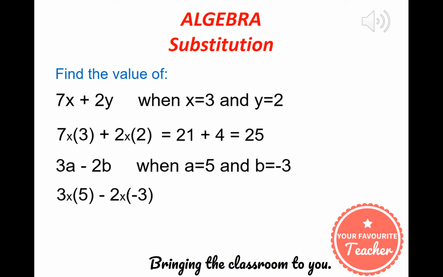Now be careful because we have two negatives multiplied by each other. So when we simplify it, we should get 15 plus 6. Two negatives multiplied together give us a positive, so the answer would be 21.